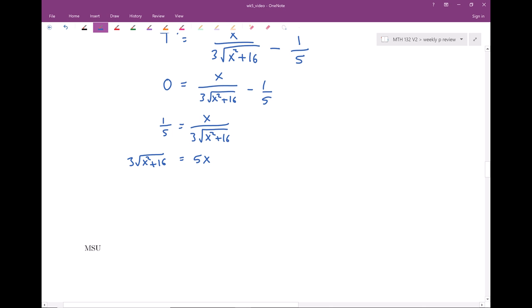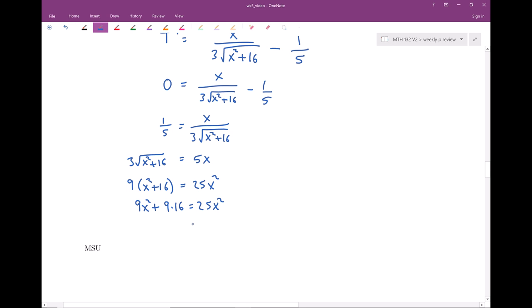The square root is kind of annoying. If I square both sides, squaring that square root perfectly goes away, I'm going to get 9 times (x squared plus 16), and then this becomes 25x squared. I'm just going to write it as 9 times 16 for the time being.